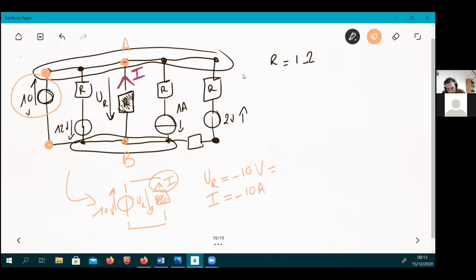So UR is R times I. R is always positive and is 1 ohm. So the current is minus 10 amps. Do you get that?